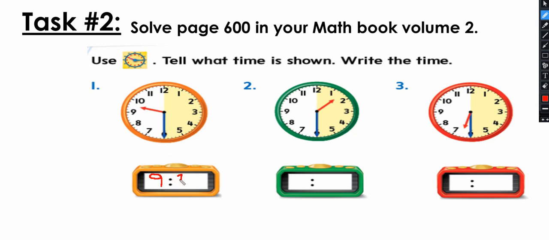And half past means 30. And here, can you see? It is between 6 and 7, so the hour hand is still in 6, half past 6, or 6:30.